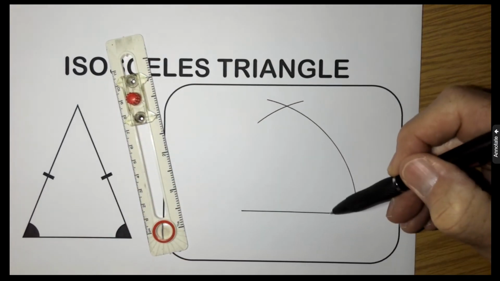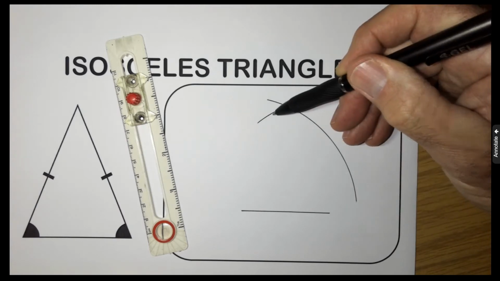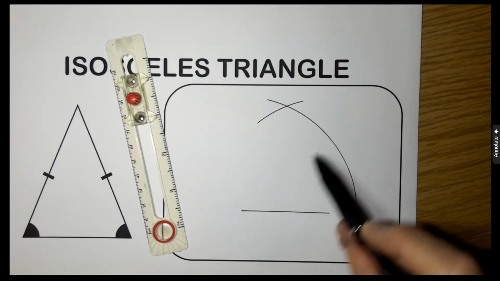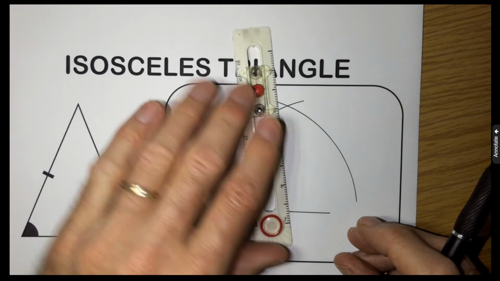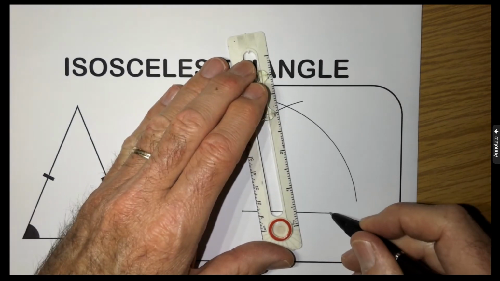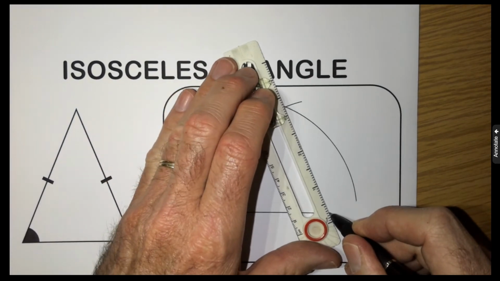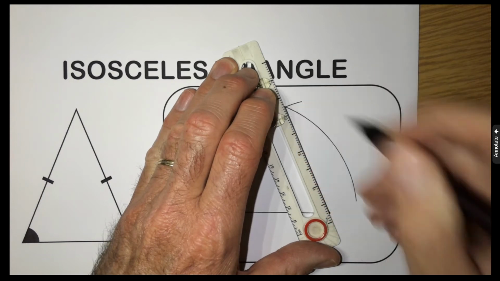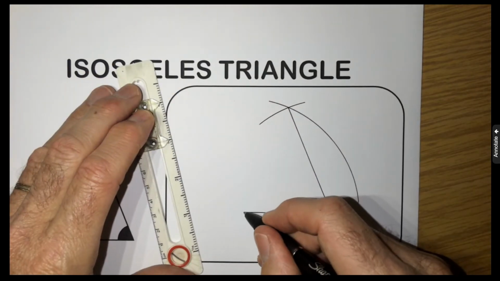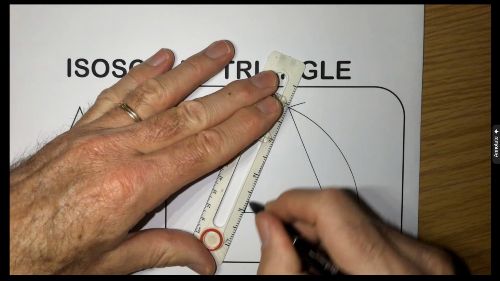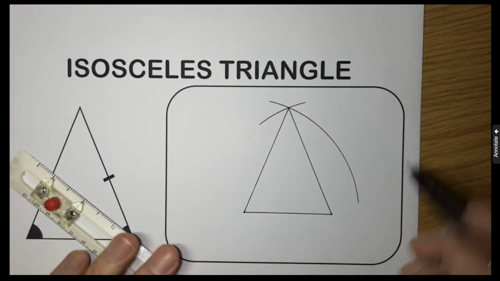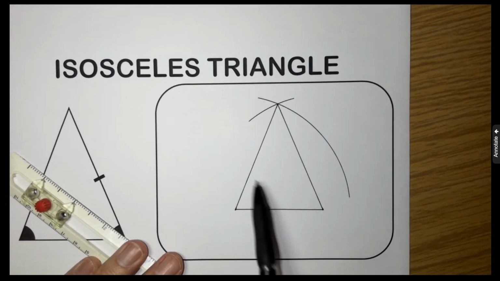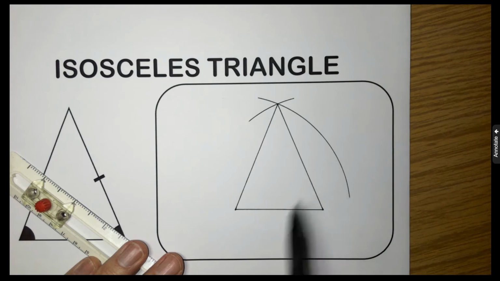So since the distance from here to this arc is the same radius as from here to this arc, I know that these 2 sides are going to be the same. So if I draw a line segment from that endpoint to the X at the top and the opposite endpoint to the X at the top, I will have an isosceles triangle. These 2 sides are the same and these 2 angles are the same.